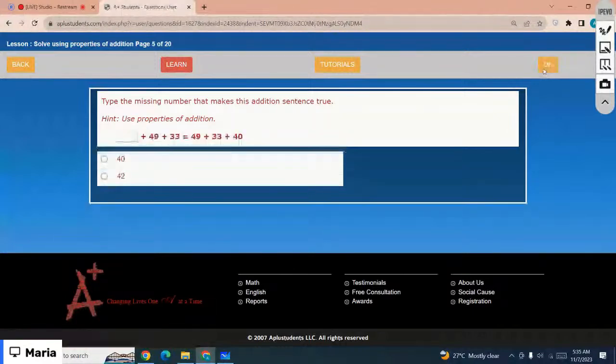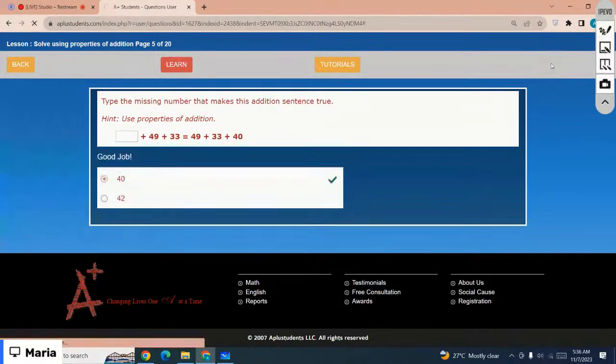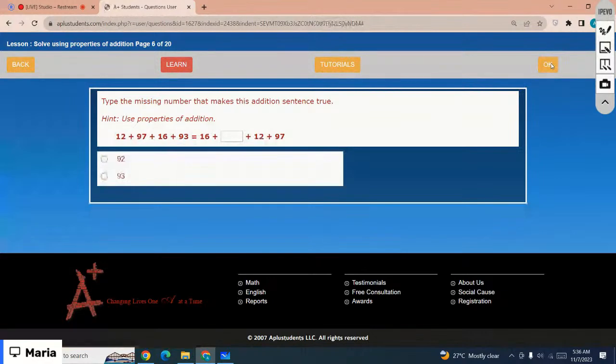Type the missing number that makes the addition sentence true. Which is the correct option? Very good. The correct option is 40. Type the missing number that makes the addition sentence true. Which number is missing?